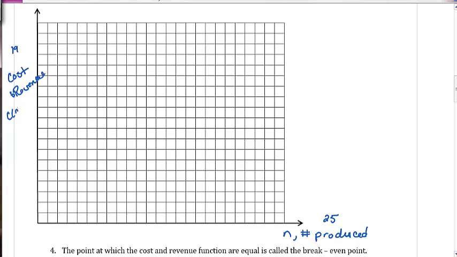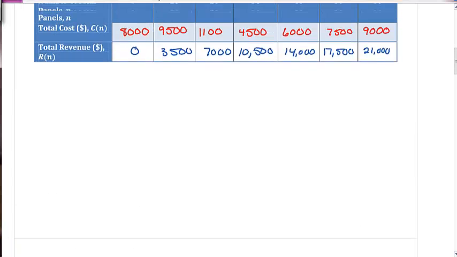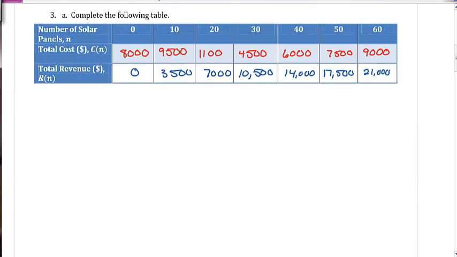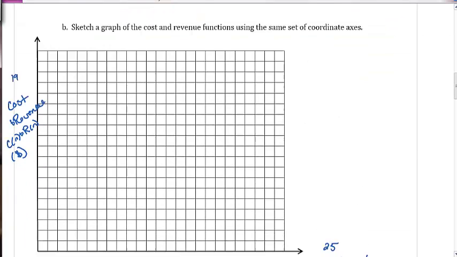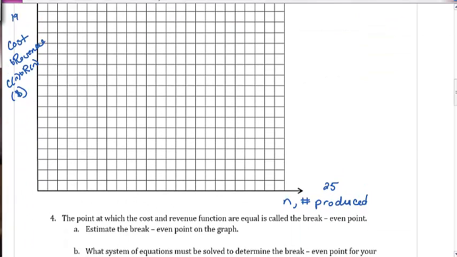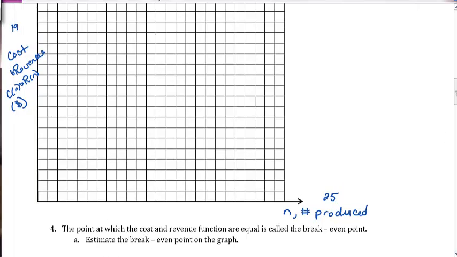So that's C of n and R of n. And this is in dollars. So for the number of panels, we're going to go from 0 to 60. And I have 25 tick marks, so I'm going to let each of these be equal to 5.